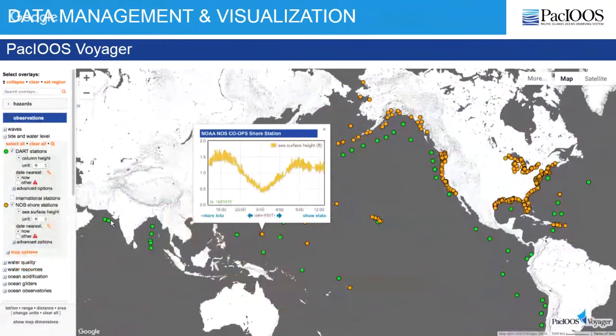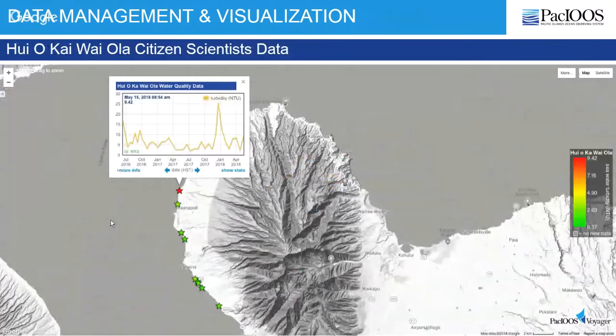This is just another example from Voyager. These are all the tide and water level stations. So you can click on all of them. You can see what's going on. So, making data accessible. This is water quality data from a citizen scientist project in West Maui, where they're sampling the shoreline, and we make the data accessible.